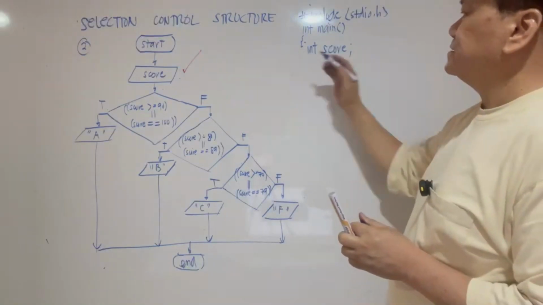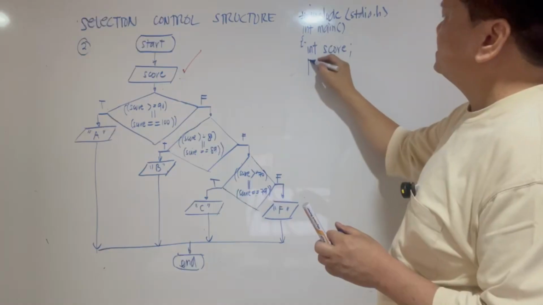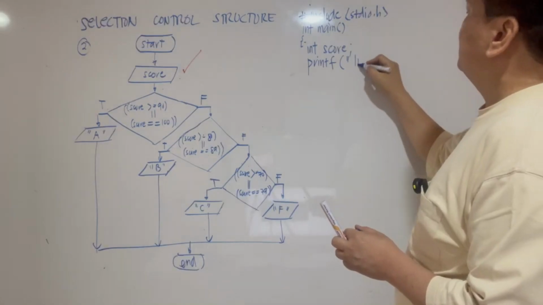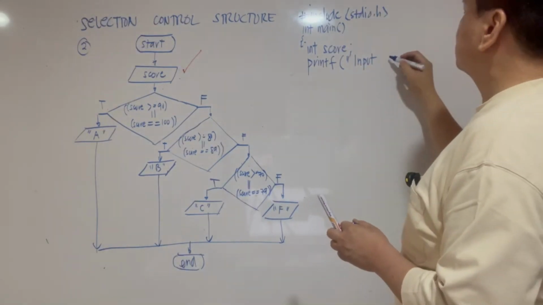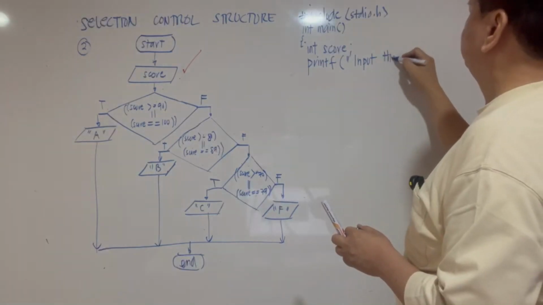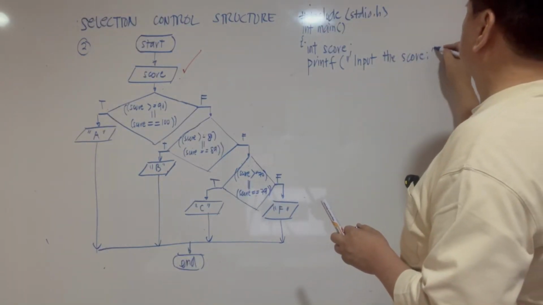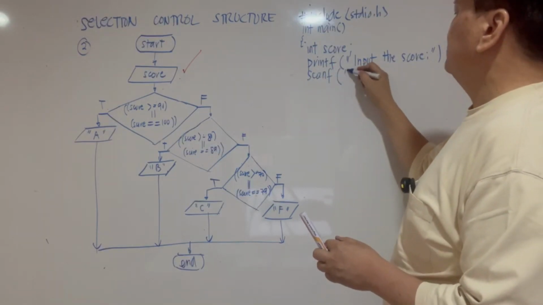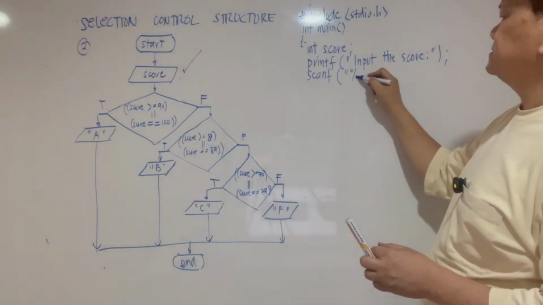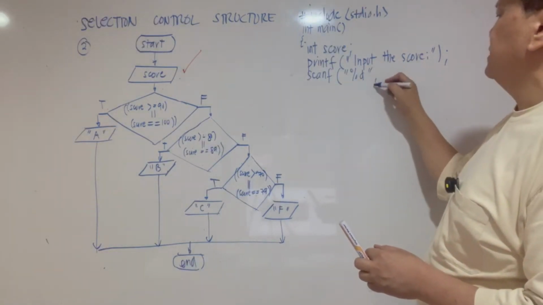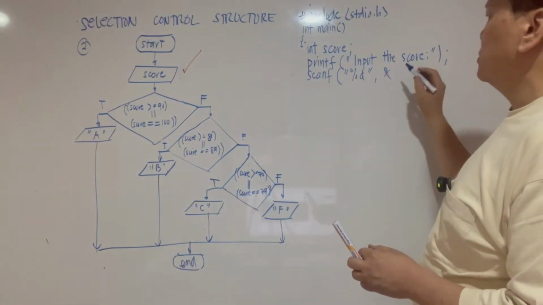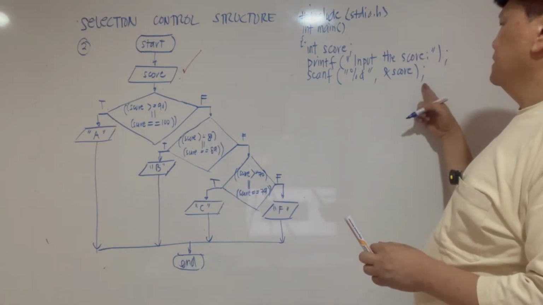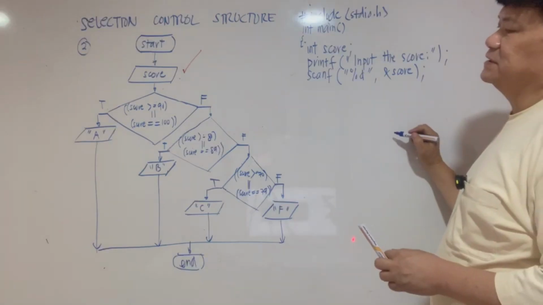Prior to that, let's have an output statement for the user to be guided on what to do: Input the score. Then you have there the scanf with the format specifier %d for integer, address of your variable score. Then again, the semicolon to end the statement.